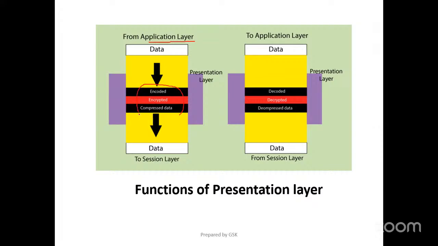The responsibilities of the presentation layer are encoding, encryption and decryption, and compressing the data. All these functionalities will be done by the presentation layer. After that, the data will be sent to the layer below the presentation layer, that is the session layer. So this is the part related to the presentation layer at the sender side.